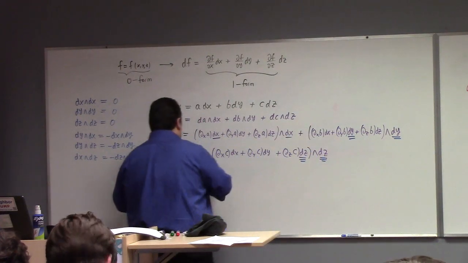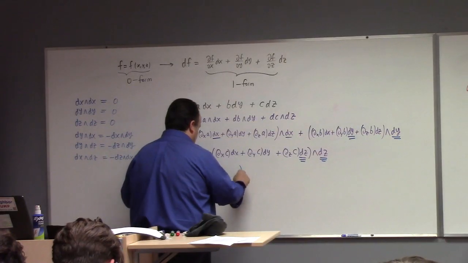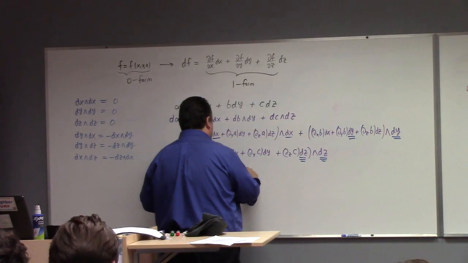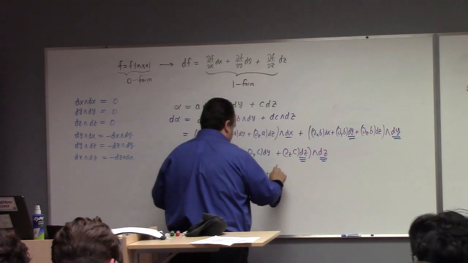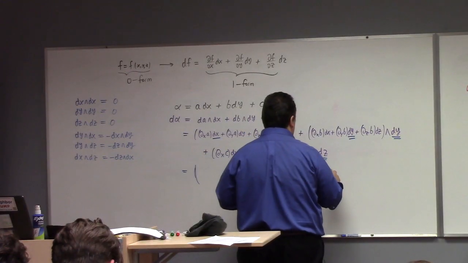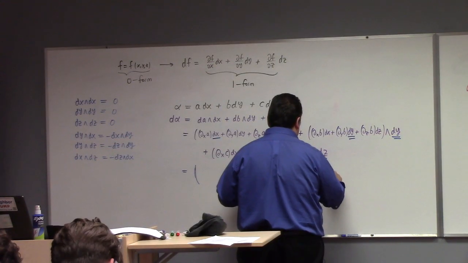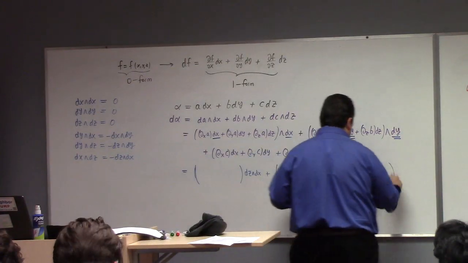So with that in mind, I can rewrite this as something times dz wedge dx plus something else times, let us say, dx wedge dy plus something else.